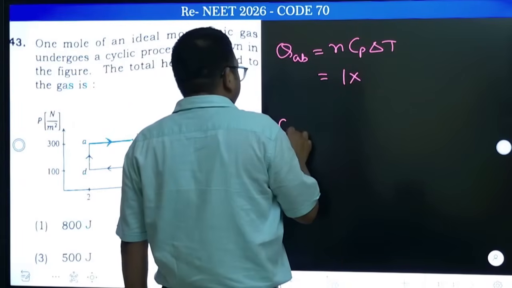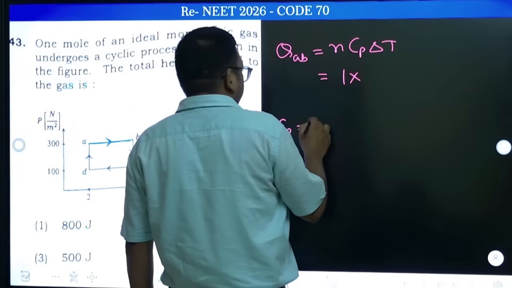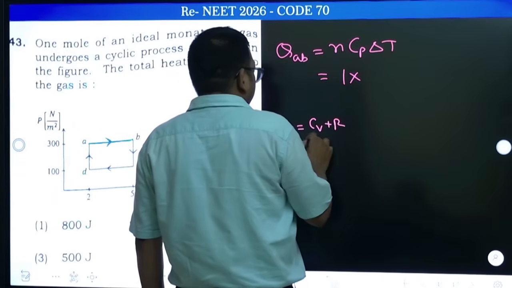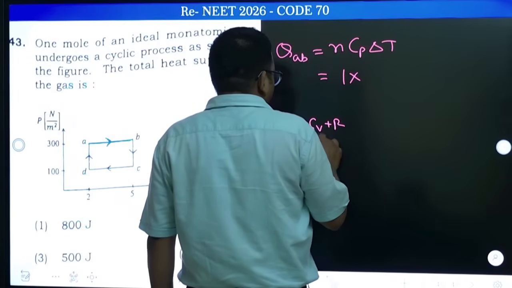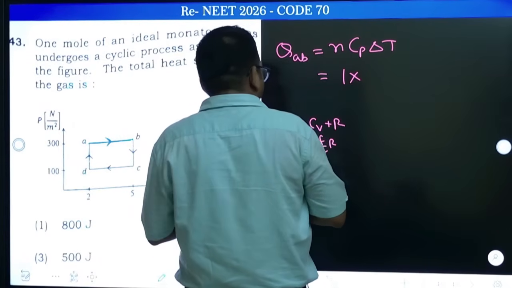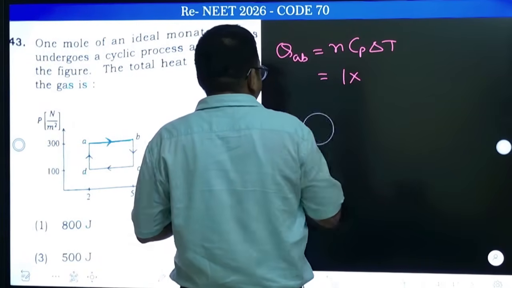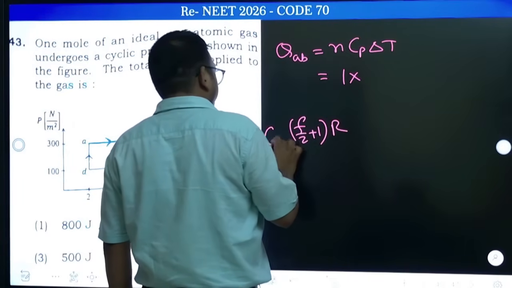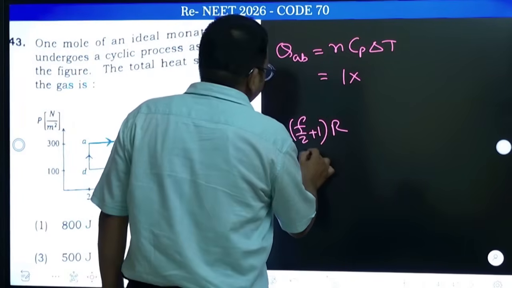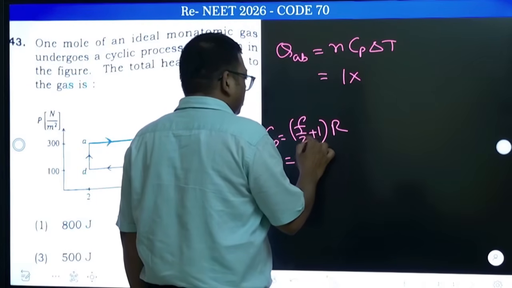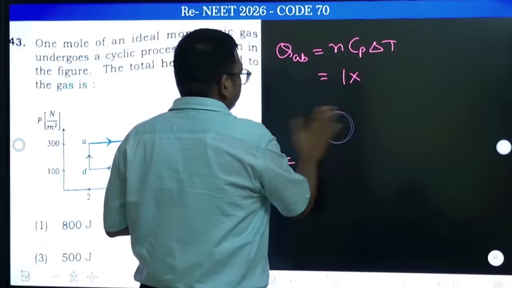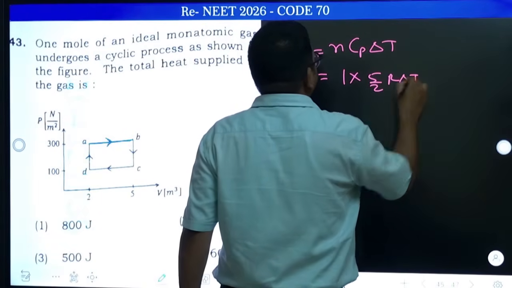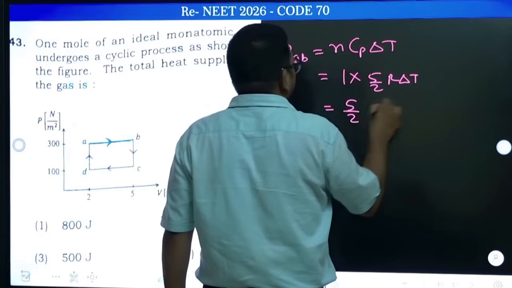Cp is what? Cp is equal to Cv plus R. Cv is f by 2 R. So f by 2 plus 1, times R. That is Cp. Monatomic, f is 3, so f by 2 is 3 by 2, and it will become 5 by 2 R. So 5 by 2 R delta T.